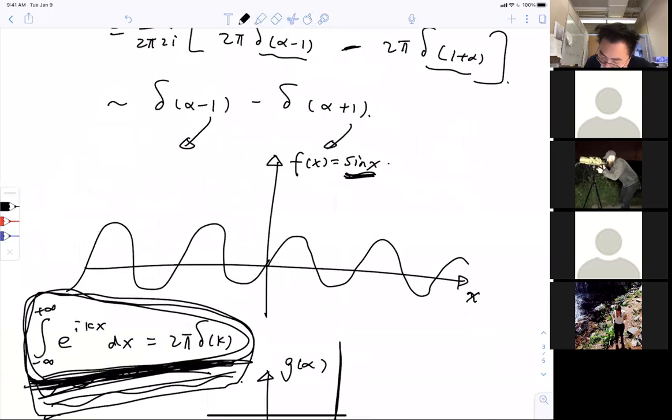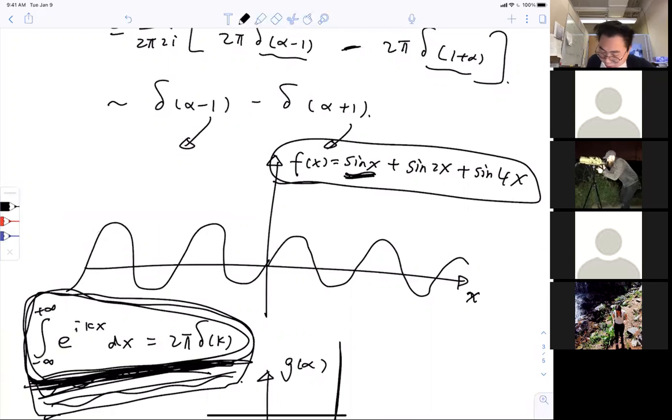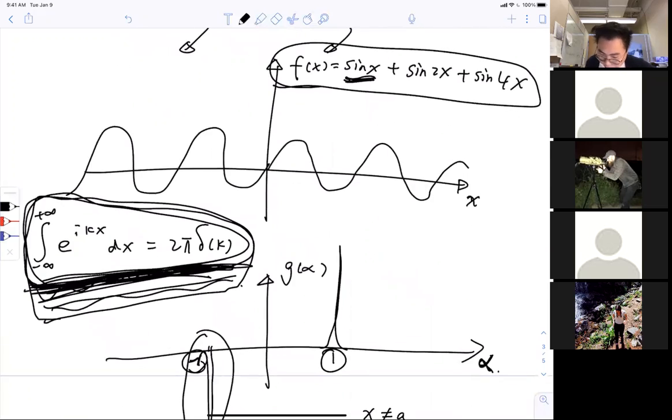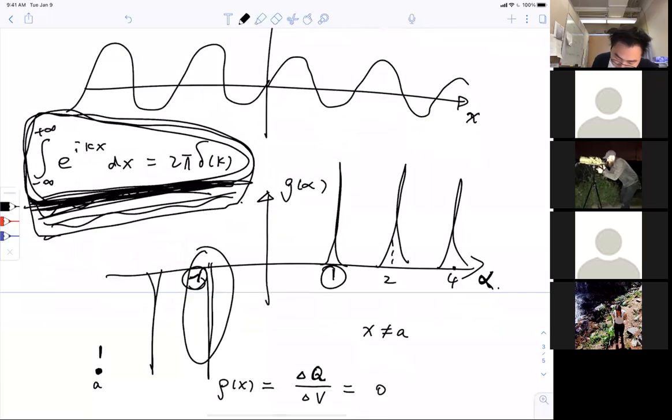If you have a function like sine 2x plus sine 4x, without doing any calculation, you know that after you do a Fourier transformation, you would get some delta function at 1, some at 2, and some at 4, and of course the corresponding minus frequencies.